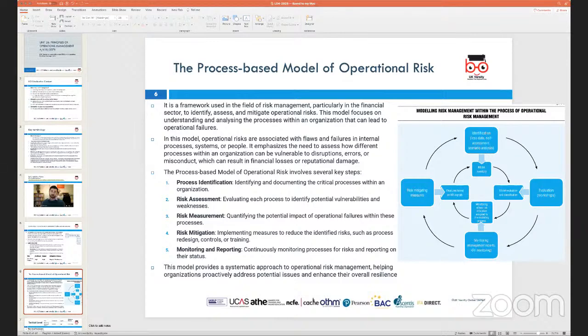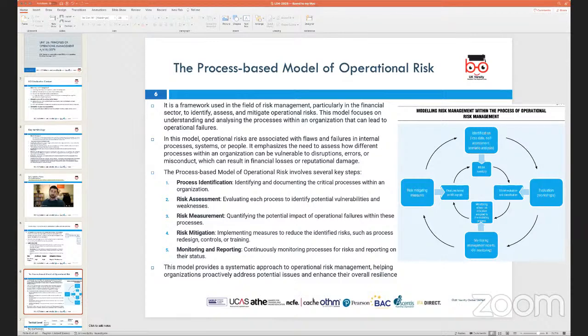Then in those cases, the process-based model of operational risk is essentially supported by these frameworks, and it becomes important for the organization to look at managing any sort of risks that it feels can come out of the operational activities of the organization.